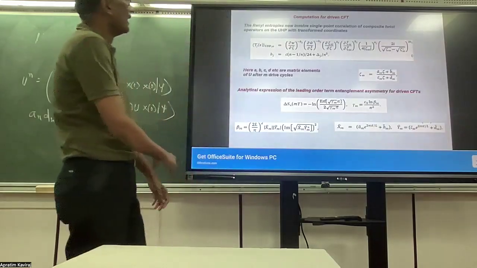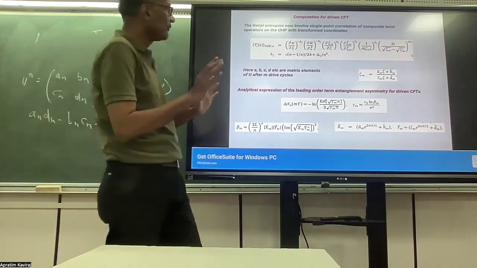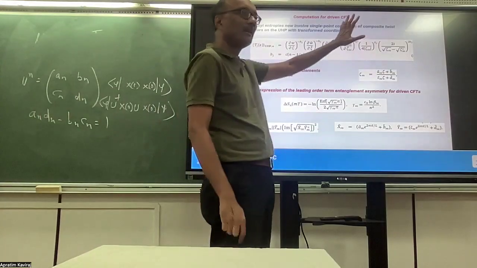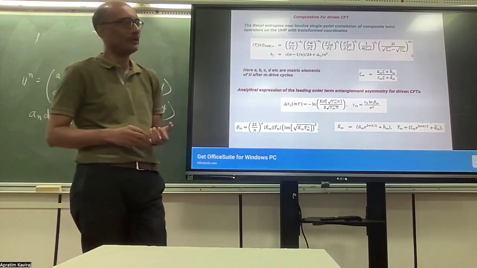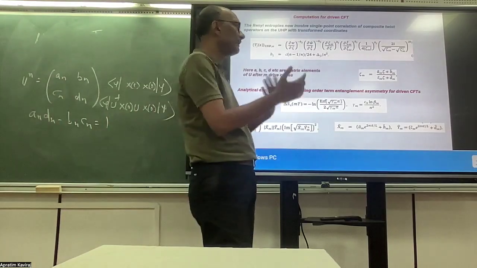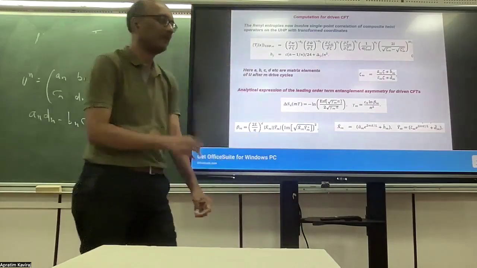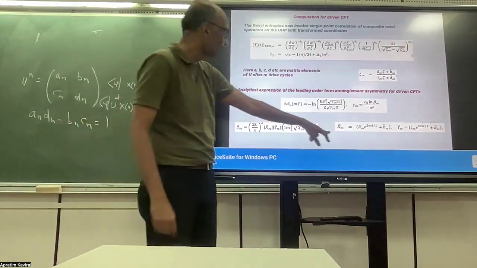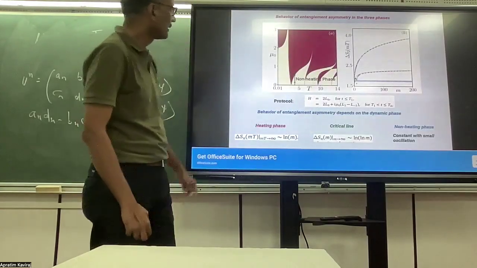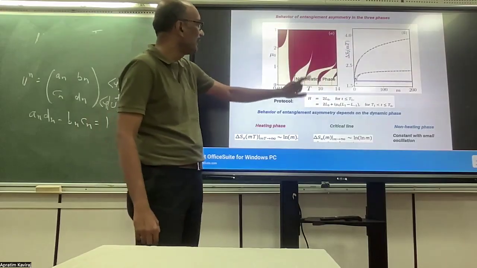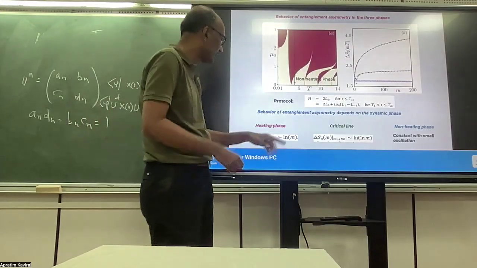And now we need to go to the driven part of it. Again, I'm not going to bore you with details, but one can do exactly the same trick that one did for the entanglement calculation, because everything is in the same language. It's just the coordinates that change because of the drive. And once we do this, what we find is that as a function of mu naught and t, this entanglement asymmetry essentially has 3 types of properties.